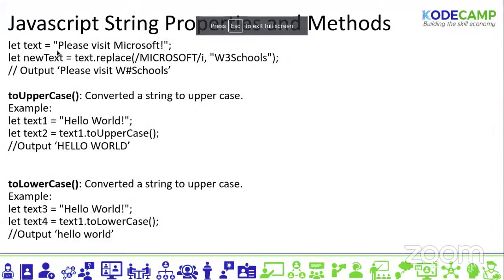You can use replace with regular expressions. Regular expressions is a big topic on its own. We are going to do regular expressions in one of our classes. But for now, just know you can use regular expressions to search and replace a particular pattern in a string.